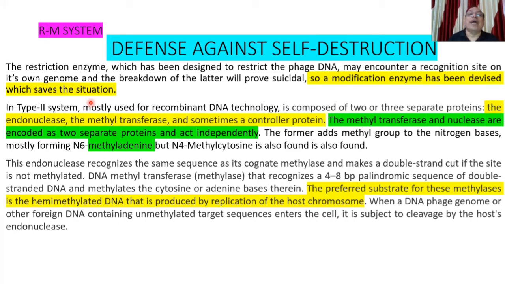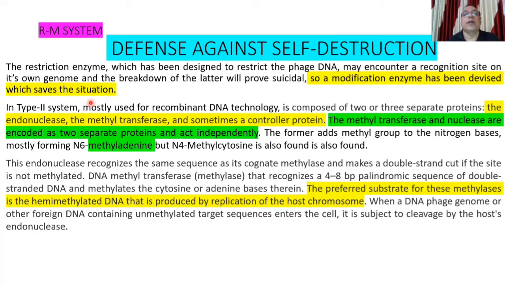So methylation has another purpose. It modifies the nitrogen bases of the DNA. In the case of our restriction enzyme, that is type 2 restriction enzyme, it recognizes palindromic sequences of a certain specific length of nucleotides having a certain specific sequence.